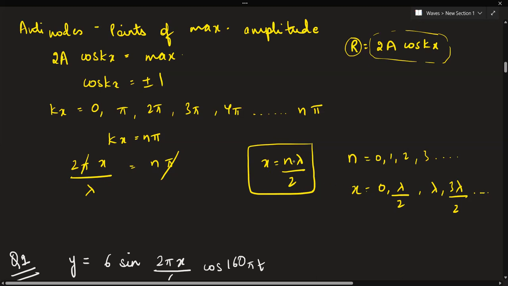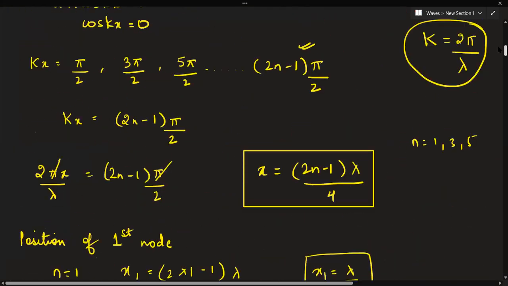At n equals to 1, x will be equal to lambda by 2. Then lambda, then 3 lambda by 2, and so on. So the adjacent antinodes are separated by lambda by 2, and the distance between a node and an adjacent antinode will be lambda by 4. Is this clear? Nodes and antinodes. Yes, ma'am. Okay. Note down these, write down these, then we'll do some questions based on this.